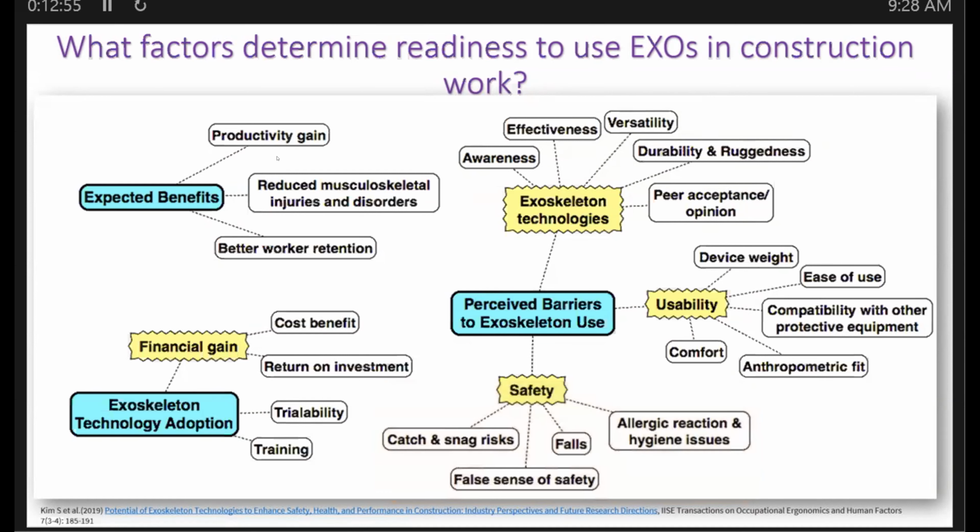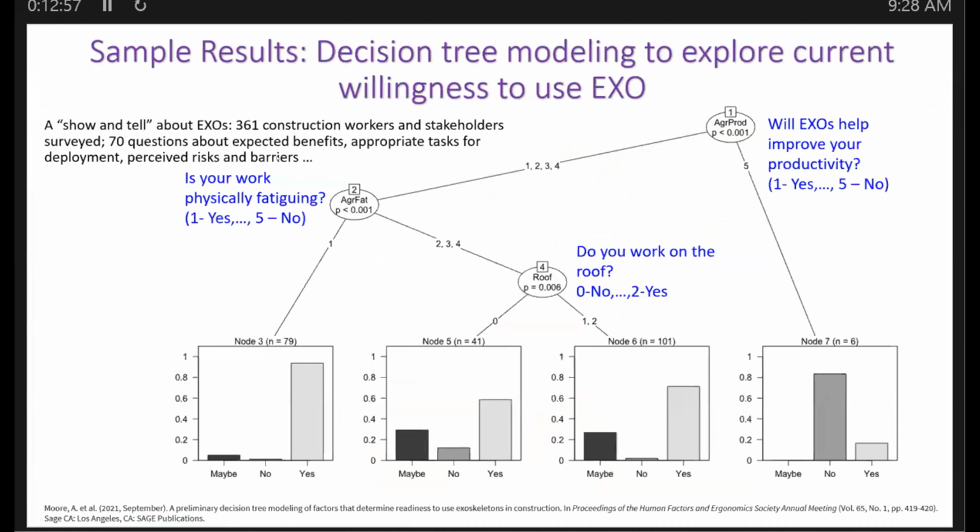And then in addition to that, we used their responses to all the questions we asked them and said, if we were to construct some kind of a decision tree about what factors would help predict somebody's willingness to use an exoskeleton, this is also in a construction context, some of the questions that emerged as the key factors that were differentiators in responses were, the first was, will exos help improve your productivity?